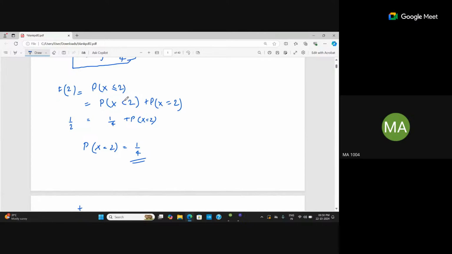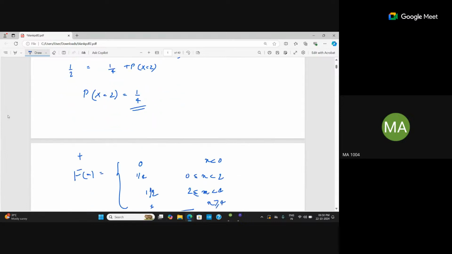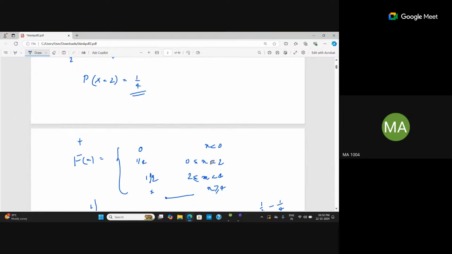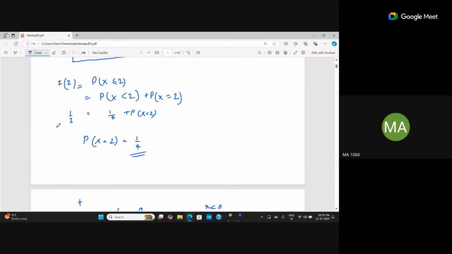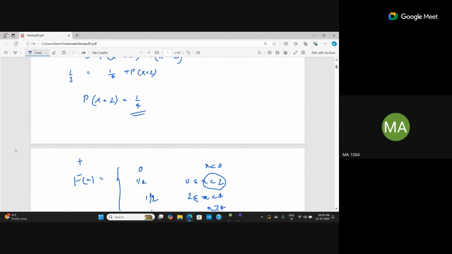You can write it as probability x less than 2 plus probability x equal to 2. From the CDF given to you, when x is less than 2, CDF is 1 by 4. At point 2, CDF is 1 by 2.